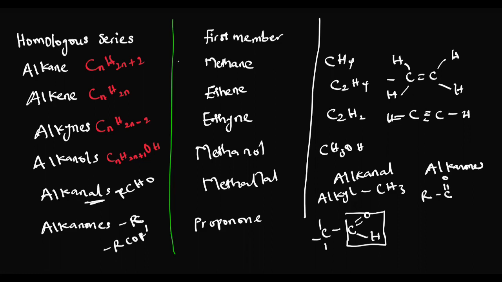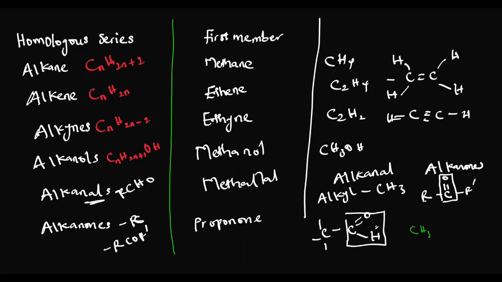So it must have something like R, then C, this. Something with a structure similar to this. So this particular part here is the functional group. Both of them are carbonyl compounds, I hope you know.